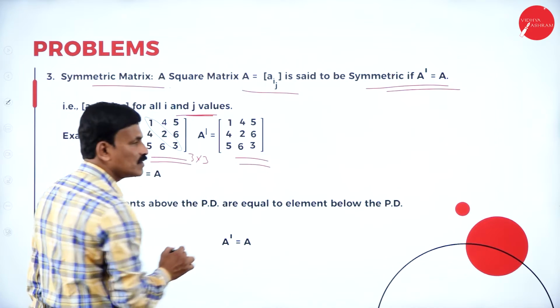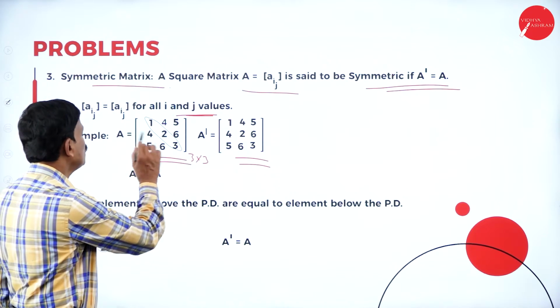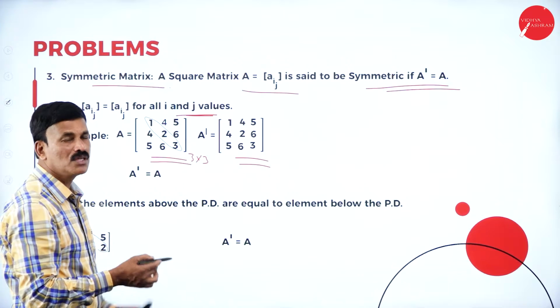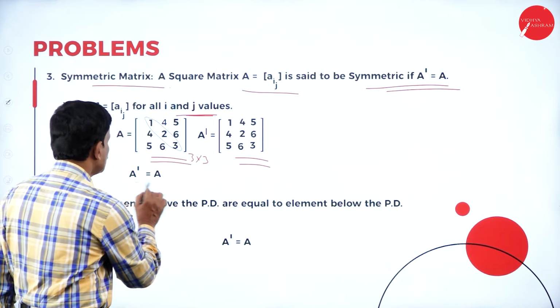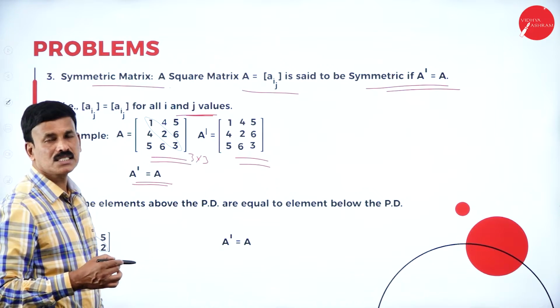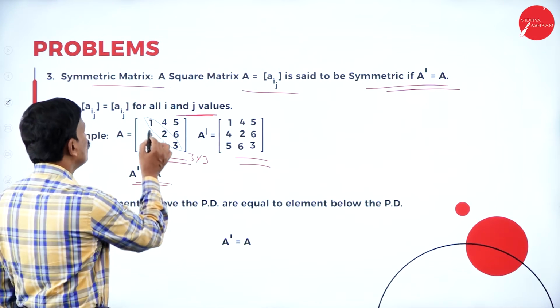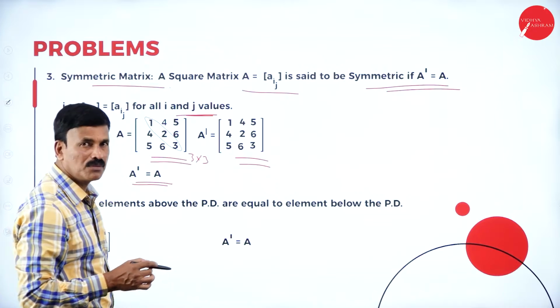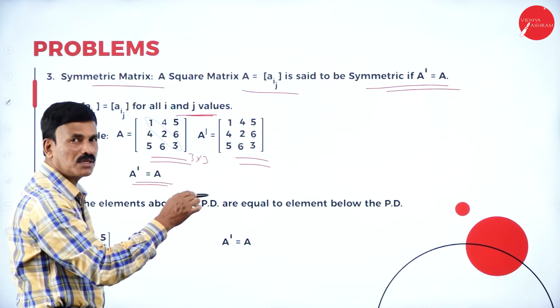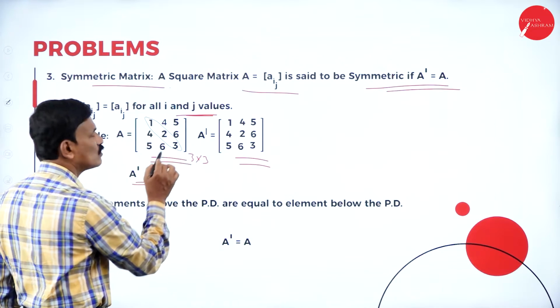See the difference: all the elements of A and A dash are the same, they are equal. So A dash is equal to A. Such a matrix is called a symmetric matrix. Further, here 1, 2, 3 are the principal diagonal elements. All the elements above the principal diagonal, that is 4, 5, 6, are equal to 4, 5, 6 below.